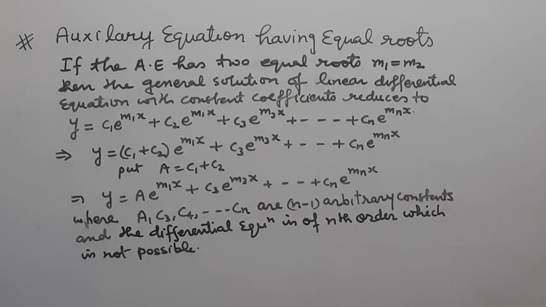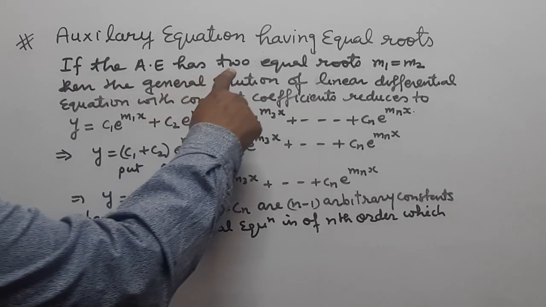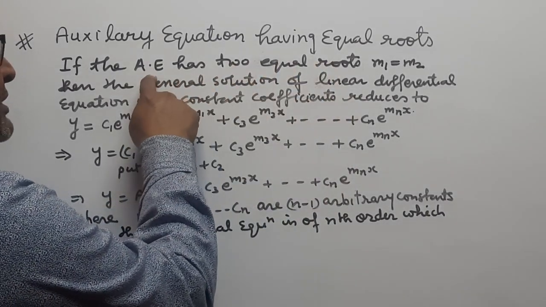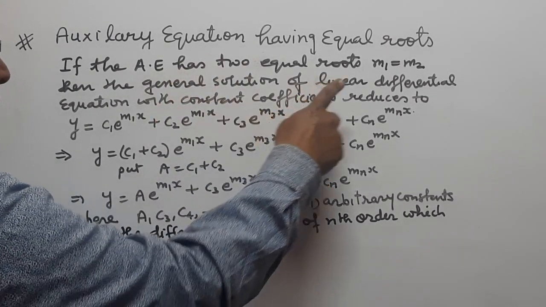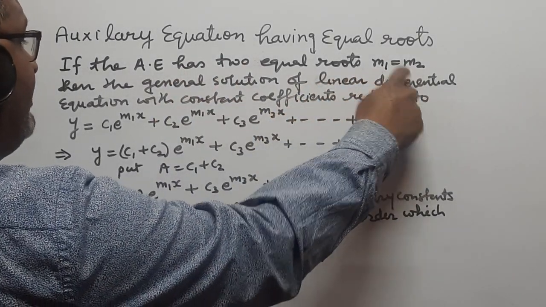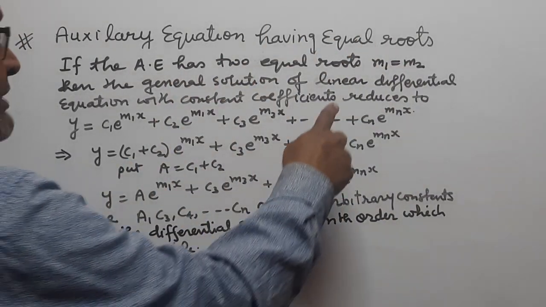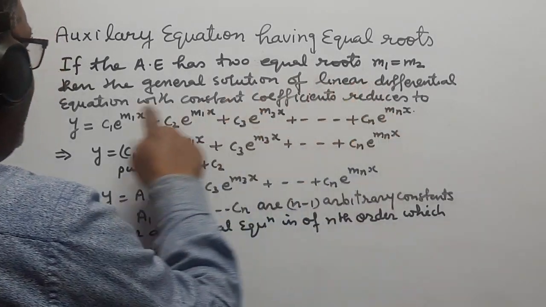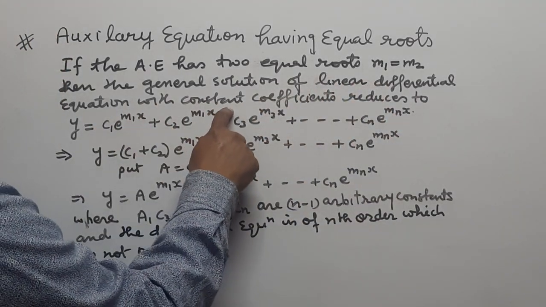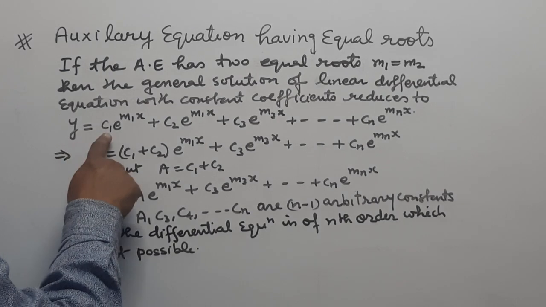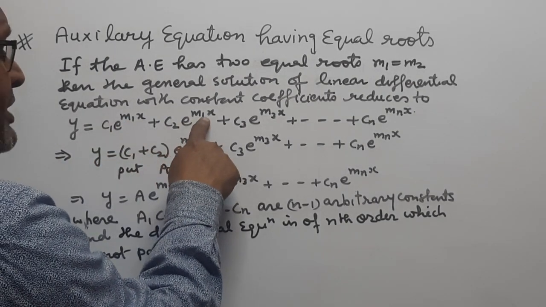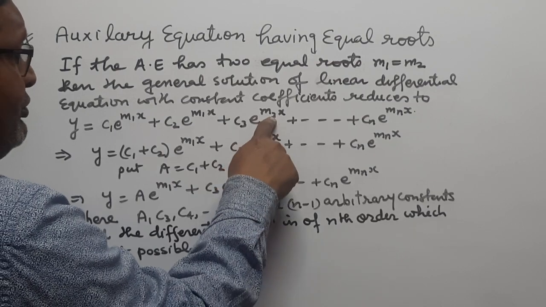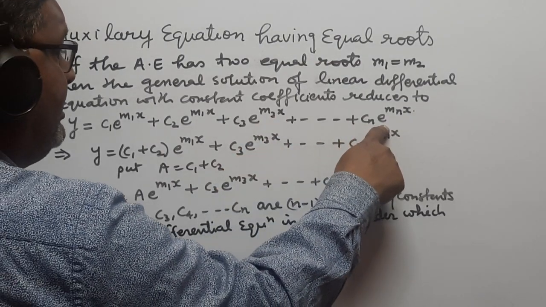If we take two equal roots of the auxiliary equation, that is m1 is equal to m2, then the general solution reduces to y is equal to c1 e to the power m1x plus c2 e to the power m1x plus c3 e to the power m3x and so on cn e to the power mnx.